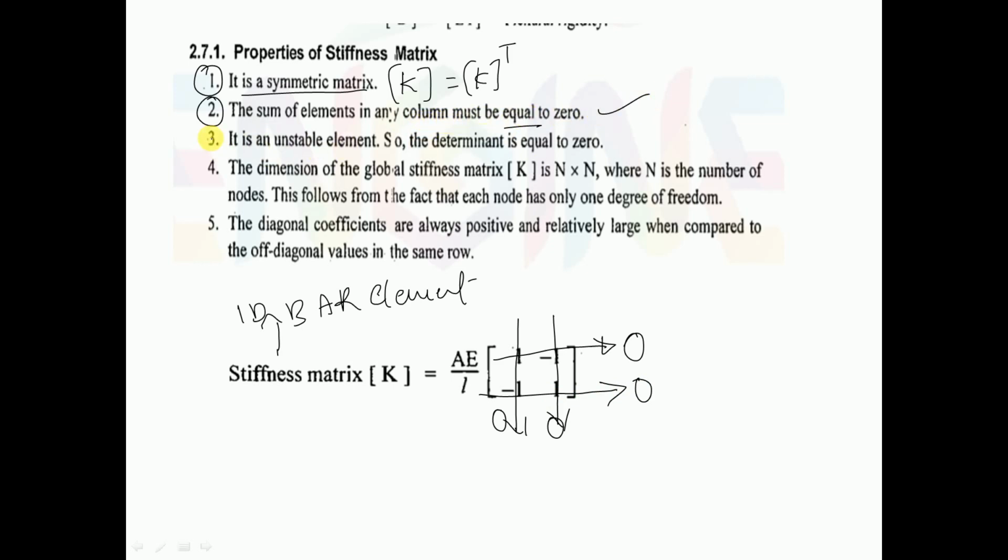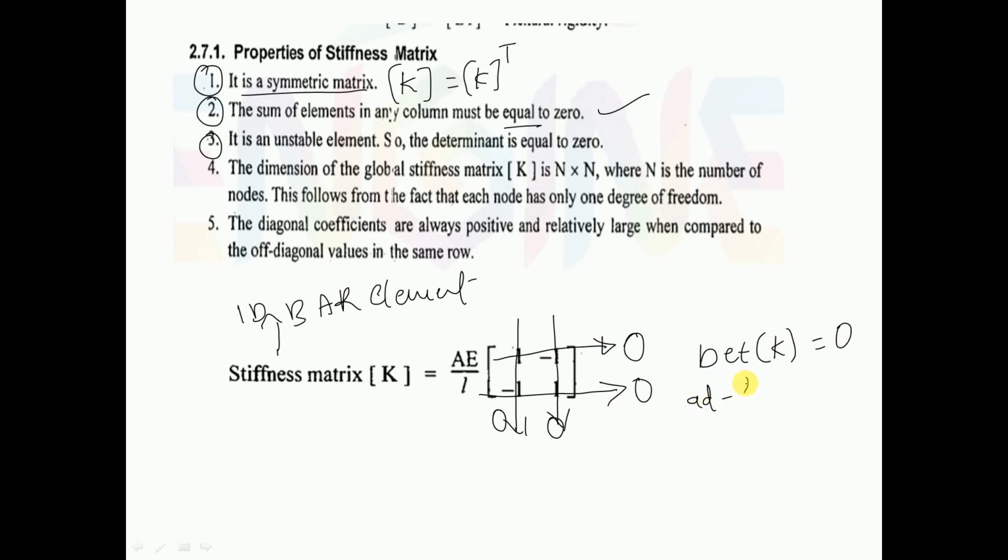Then the third property is that it is an unstable element, so the determinant of K is equal to 0. You can see here this two-dimensional 2 by 2 stiffness matrix. What is the formula for the determinant?